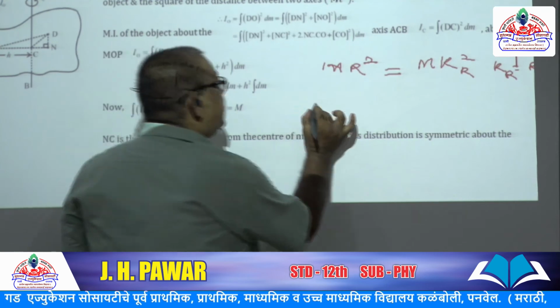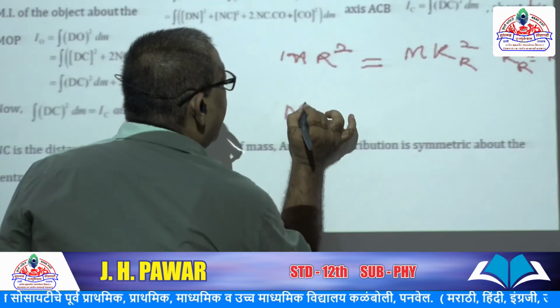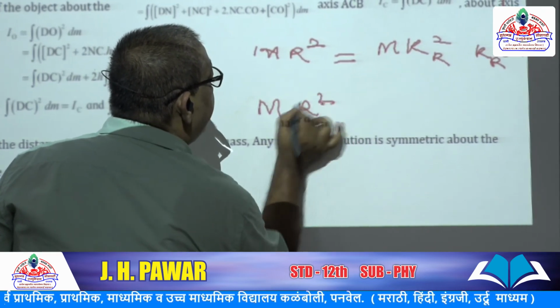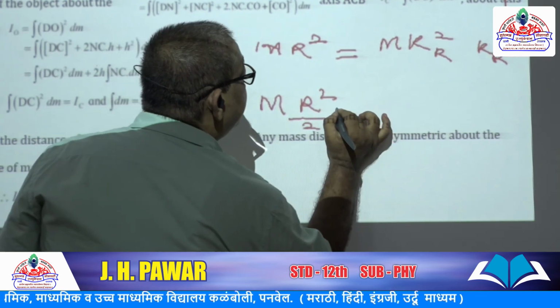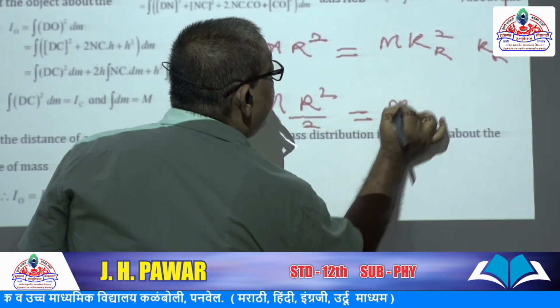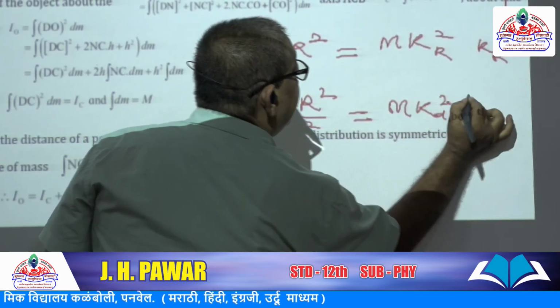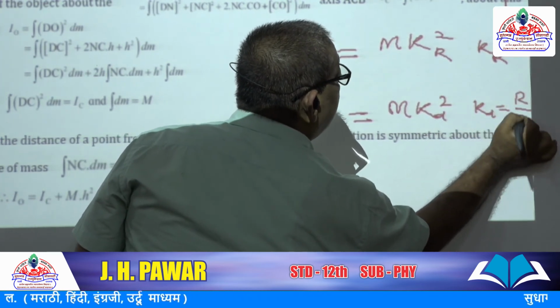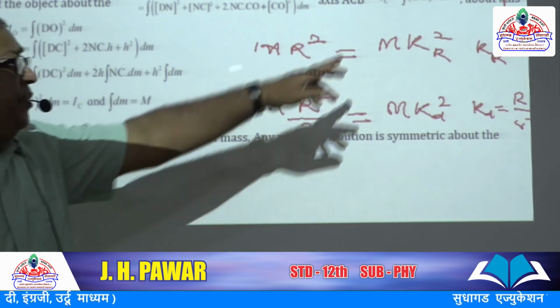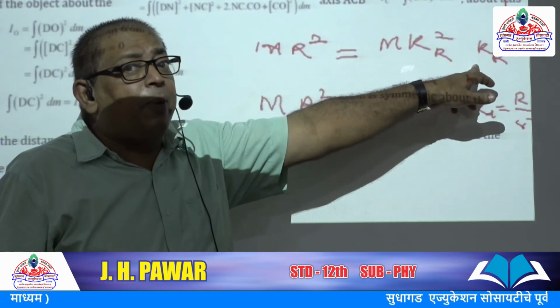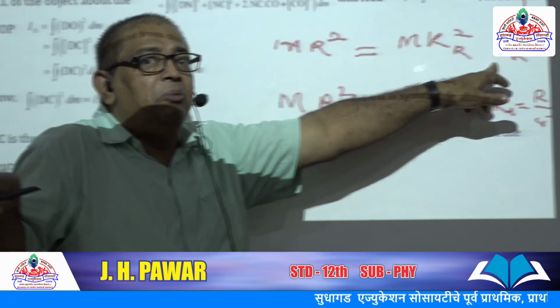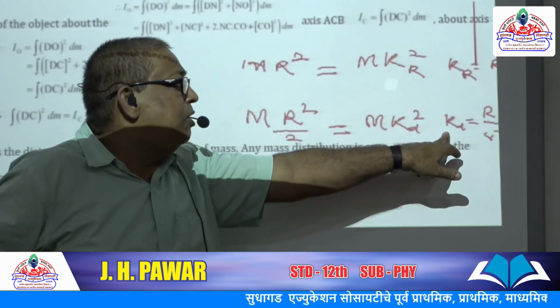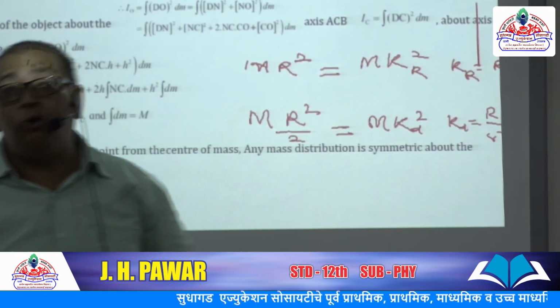But suppose we consider another thing, mr square by 2. It is the moment of inertia of the disk, which is equal to m kd square. Then kd equals what? R upon root 2. From this it is clear that the radius of gyration of the ring is r, but the radius of gyration of the disk is r by root 2.